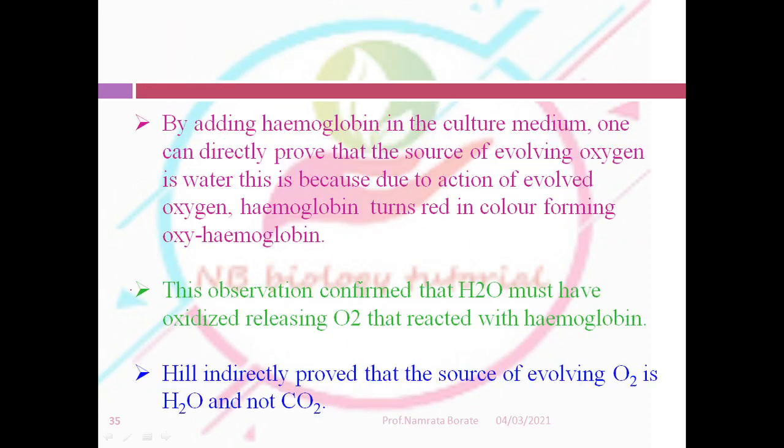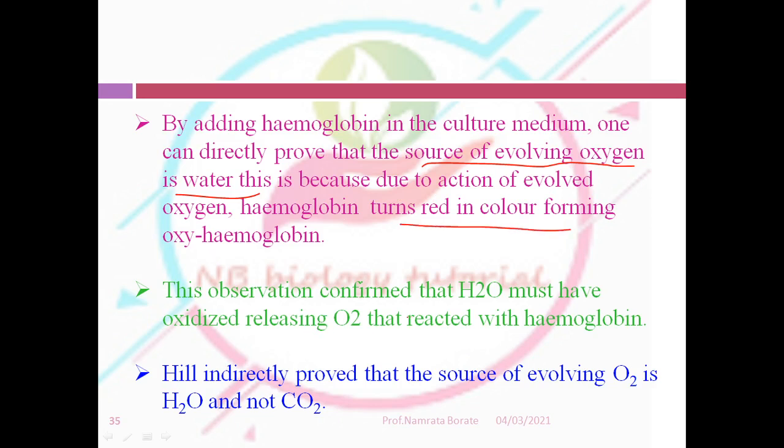Afterward, after adding hemoglobin in a culture medium, one can directly prove that the source of evolving oxygen is the water. This is because, due to the action of the evolved oxygen, the hemoglobin turns red in color, forming oxyhemoglobin.